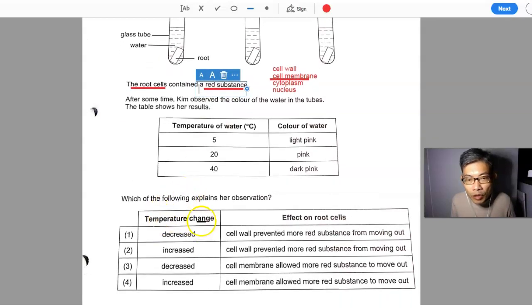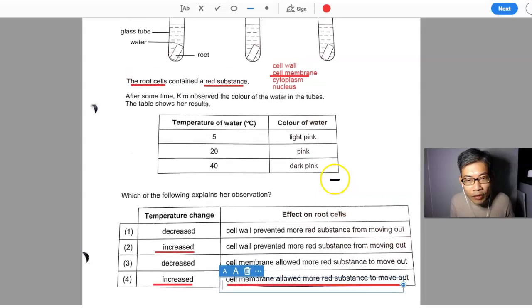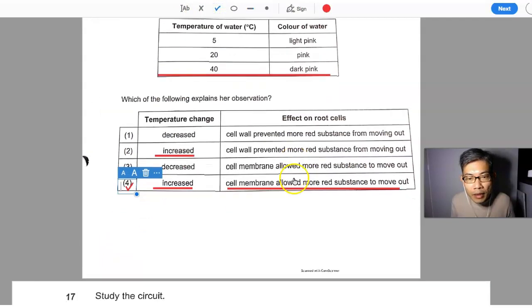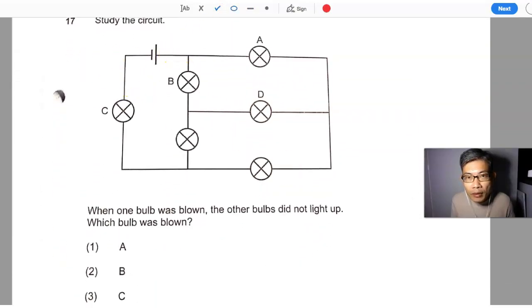So as temperature changes, the certain effect must have increased. What effect increased? Cell membrane allow more red substance to move out. This one matches the evidence here. At 40 degrees Celsius, the highest temperature, the water turned dark pink. So more red substance moved out. Temperature increased. Answer is number 4. Okay. Next question. Let's take a look at this one.